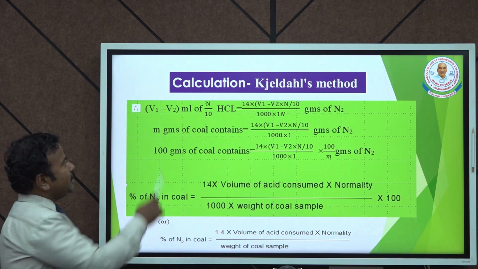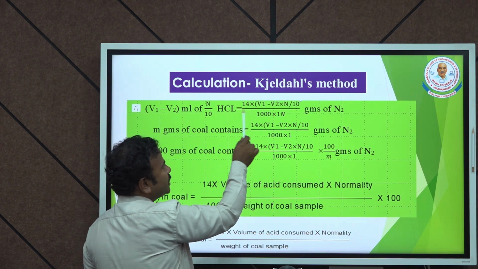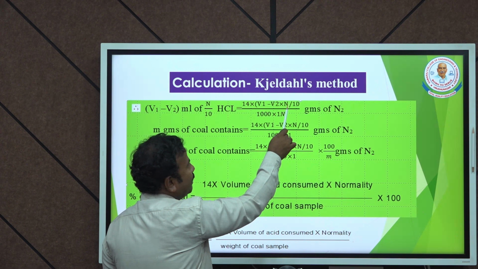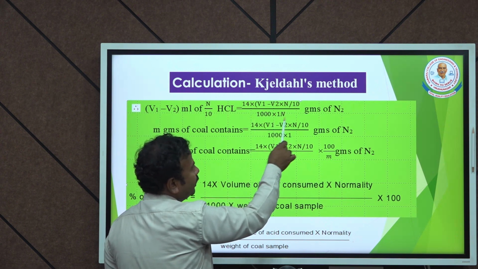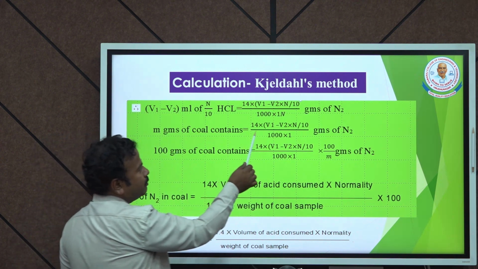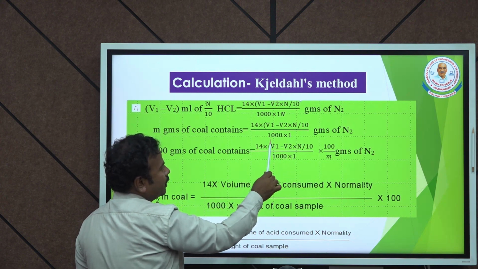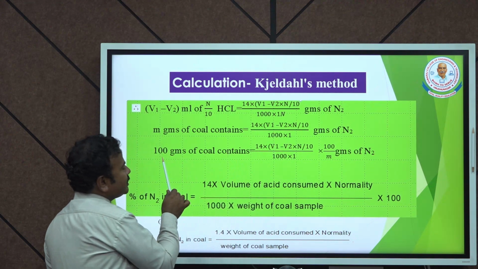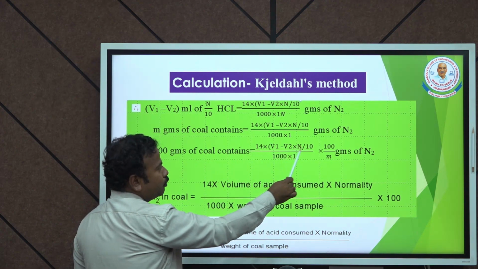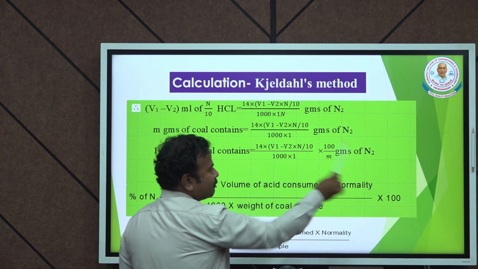Next, V1 minus V2 ml of N/10 HCl is equal to 14, the atomic weight of nitrogen, into (V1 minus V2) into N/10 divided by 1000 into 1N, grams of nitrogen. So m grams of coal sample contains 14 into (V1 minus V2) into N/10 divided by 1000 into 1 grams of nitrogen, whereas 100 grams of coal sample contains 14 into (V1 minus V2) into N/10 divided by 1000 into 1, into 100 divided by m grams of nitrogen.